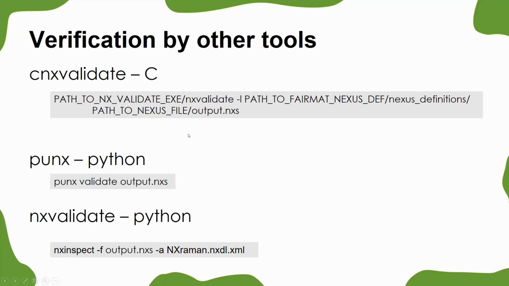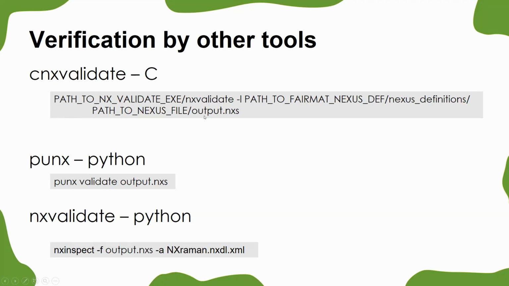There are also other tools. I will just show you shortly the possible tools. A little bit older one is cnxvalidate. It is based on the programming language C. Here you provide the path to the cnxvalidate executable, then the path to the NeXus definition you want to use, and the file it should check.